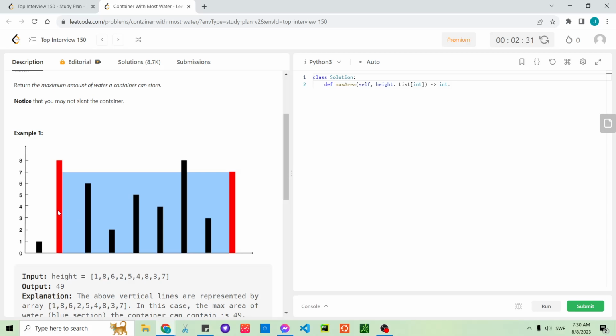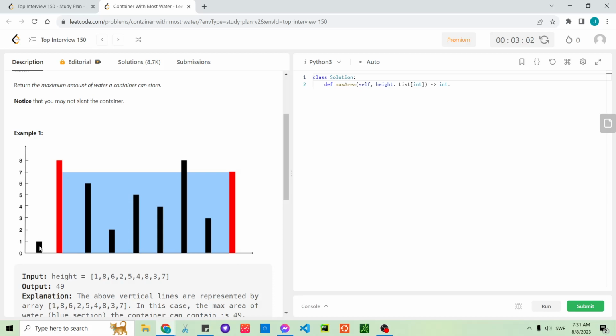We naturally want to move the one that's shorter, because then we will have higher. Yes, we always want to move the pointer that's shorter, because otherwise we will never have more water, because the shorter one will only ever give us the same height. It will only go lower, it will never go higher.